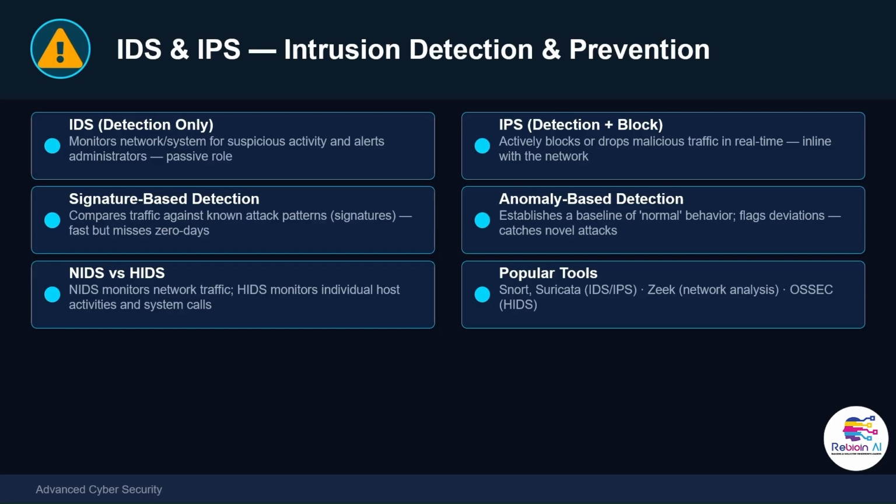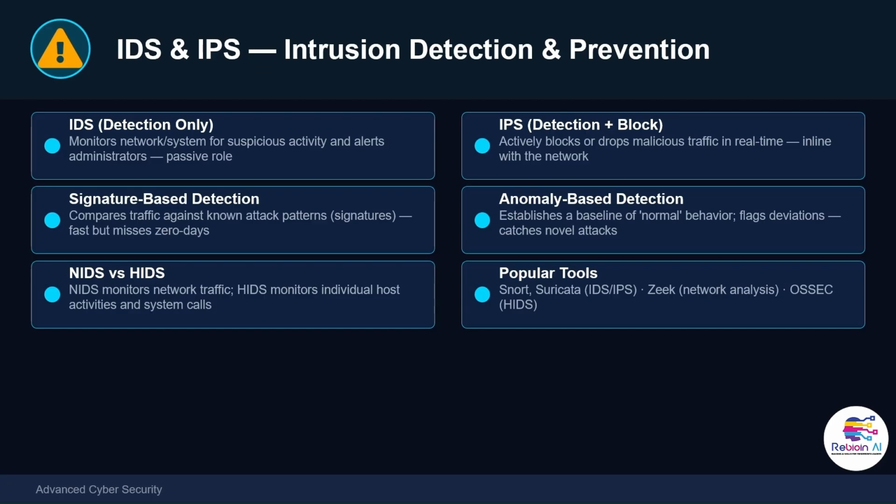But here's the catch, it doesn't do anything, it just says, hey, something weird is happening, like a smoke alarm. Next is IPS, Intrusion Prevention System. It is the smoke alarm plus the sprinkler system. It detects and it acts. It automatically blocks the suspicious traffic before it causes damage.